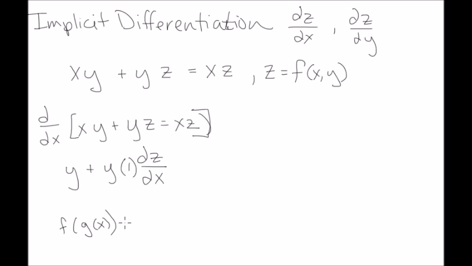And that's basically what's going on here. When you take the derivative of a function that is a function of something else, with respect to x, you're going to take the derivative of the outside function, df/dg, evaluated at g, times the derivative dg/dx.